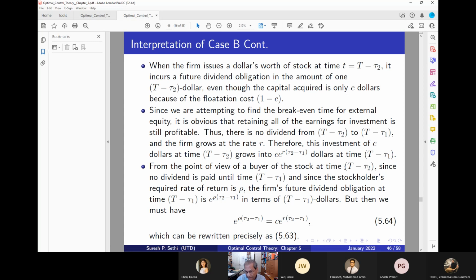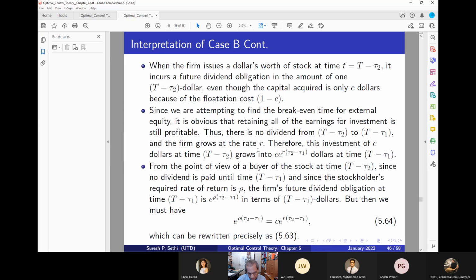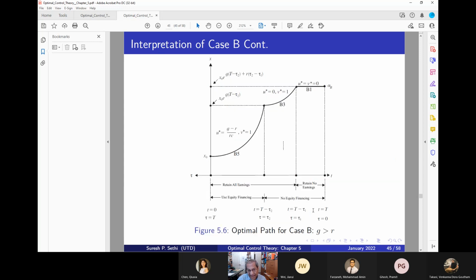So for the buyer of stock at time t minus tau 2, since no dividend is paid until t minus tau 1, the stockholder required rate is rho. So the firm's future dividend obligation at time t minus tau 1 is this much. What I'm trying to say is that the dollar obligation has increased at this point by the rate rho. Okay. And that has to be equal to this. And if you equate those two, you will get exactly this formula.